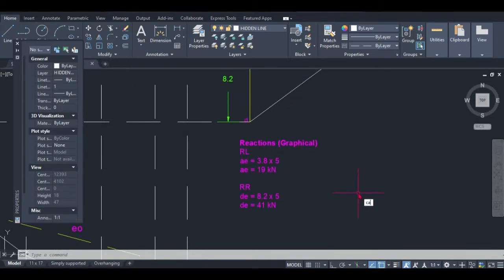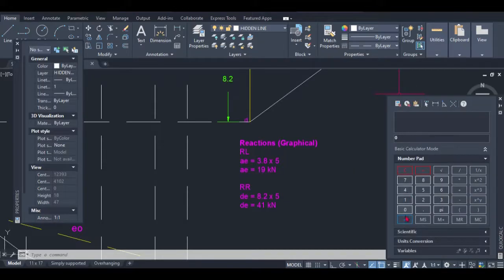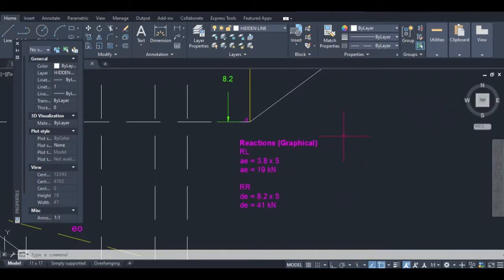So we get 3.8 times 5 gives us 19. Good. And then we have 8.2 times 5 to give us 41. Excellent. And don't worry, even if you use a different scale, like if you use 1 millimeter to 10 kilonewtons, trust me, you'll be getting the same answers, as long as you did it correctly.